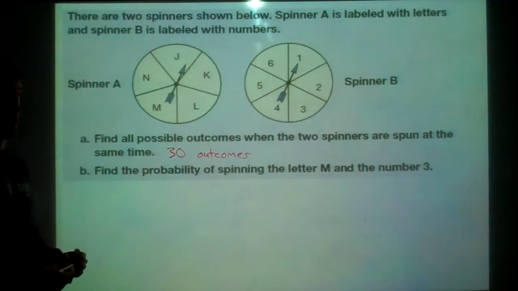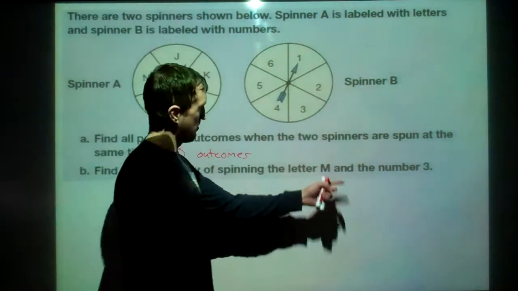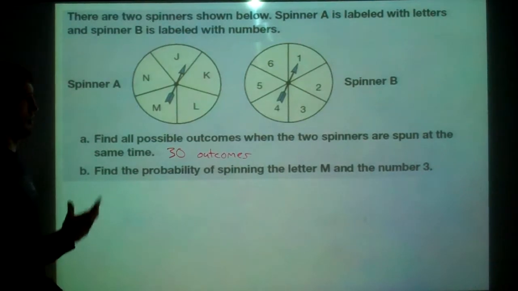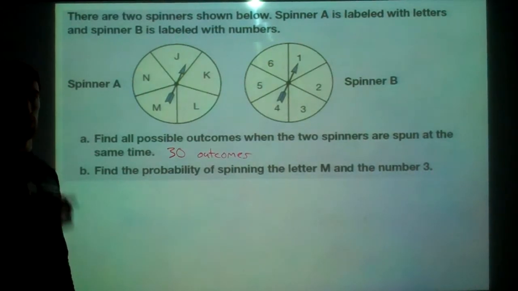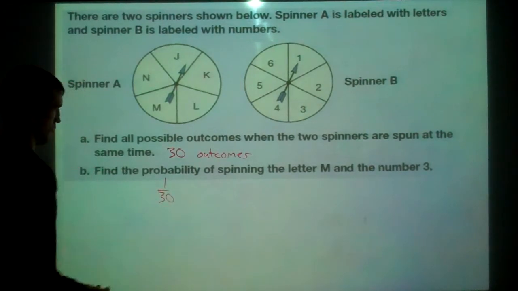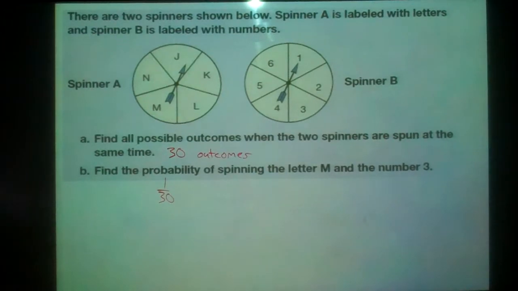And that would be quite a bit, but we could do that, it's not too bad. And then it says we want to find the probability of spinning the letter M and the number 3. Okay? So it would be M and 3, well that's only one outcome out of 30, so that would be 1/30th there.